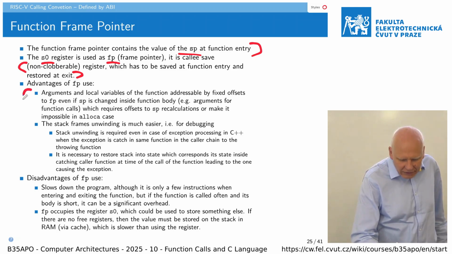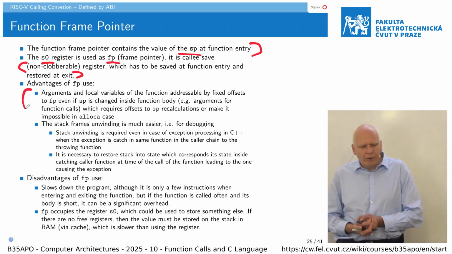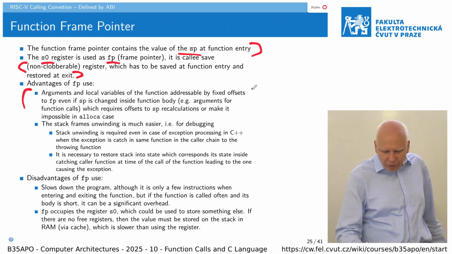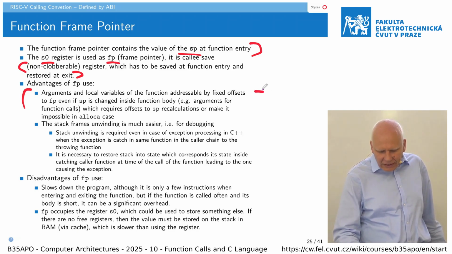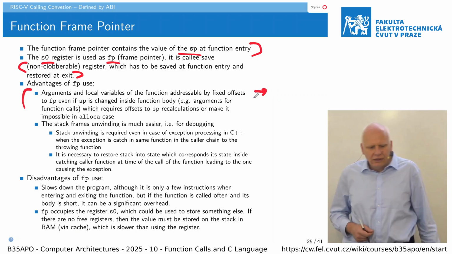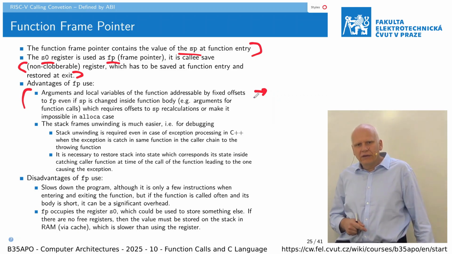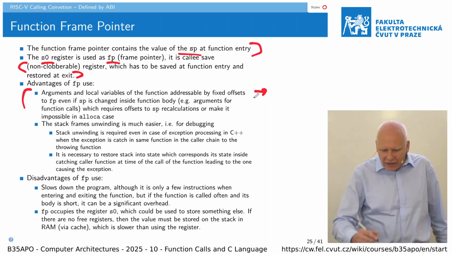And what is the advantage when we use a frame pointer? It is easy because it points exactly below the first argument, so it is quite easy to find the first argument.